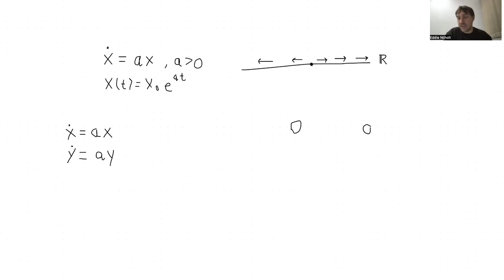So I will just have y dot is a times y. So this system is just as easy as the previous one, right? Each of the components will act like this over here. So now we have a system on R2 and we have a single steady state point.